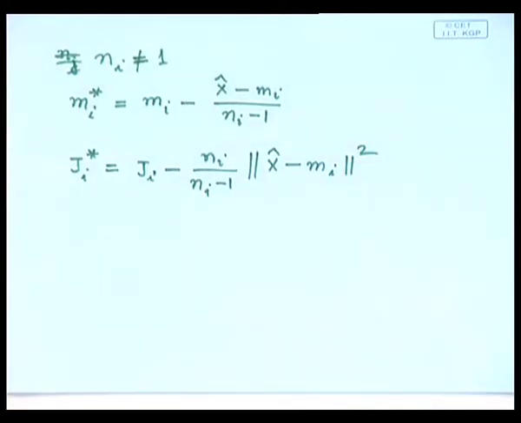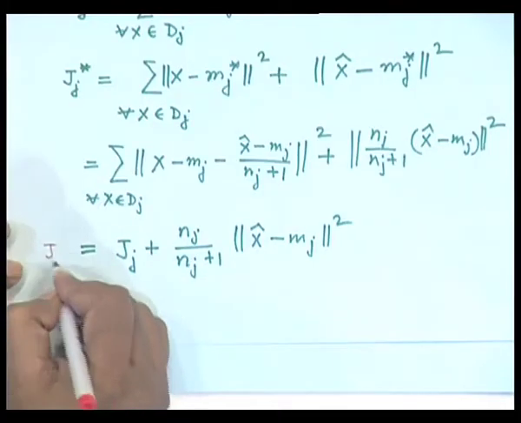Okay. So, by the similar calculation that we have done earlier, I can find the change in the mean of the ith cluster and the change in the sum of squared error in the ith cluster. Okay. So, now if you compare these two, you find that for the jth cluster, this is my J star.